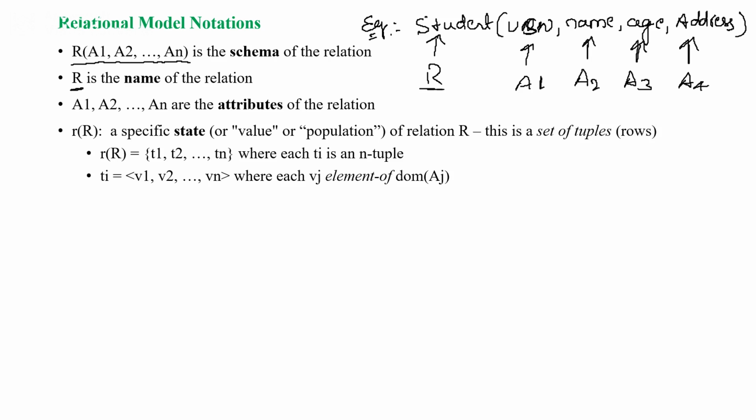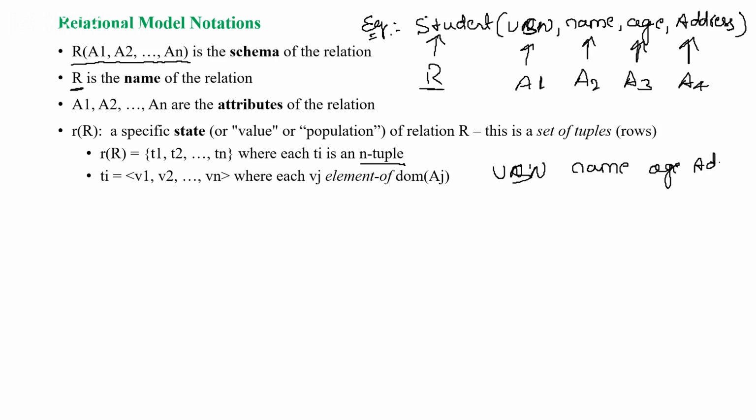Small r of R, a specific state, is nothing but a value or a population of a relation R. It is a set of tuples or rows, indicated by small r of R, which is equal to {t1, t2, t3, up to tn}, where each ti is a tuple which is stored. For example, in the student table we have attributes USN, name, age and address.